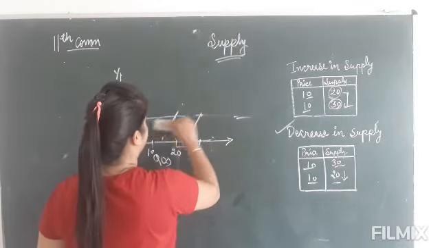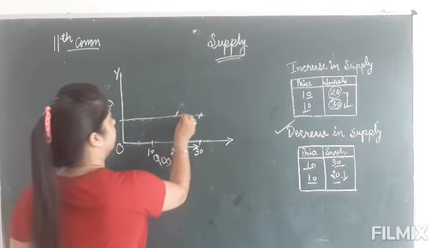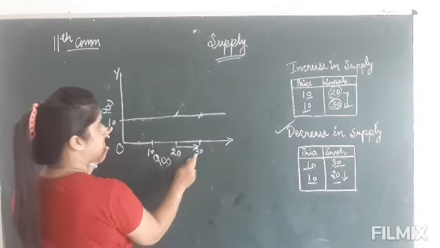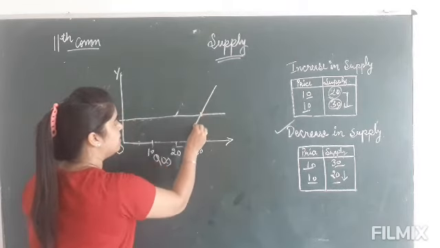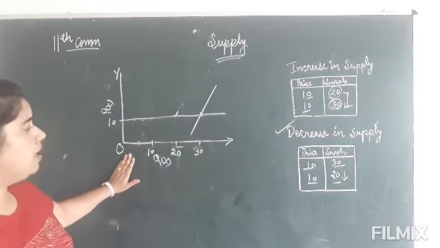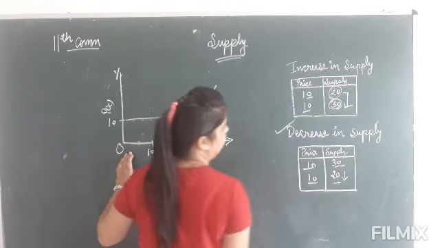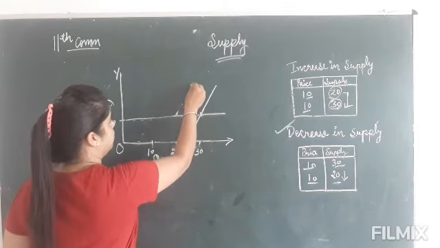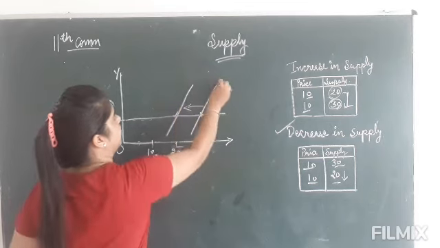Similarly, we can also see the decrease in supply. Just to see in the second table, when price was 10, supply was 30. Here was the supply curve. Now if price is again the same, but supply goes down to 20 here, it is shifted backward.